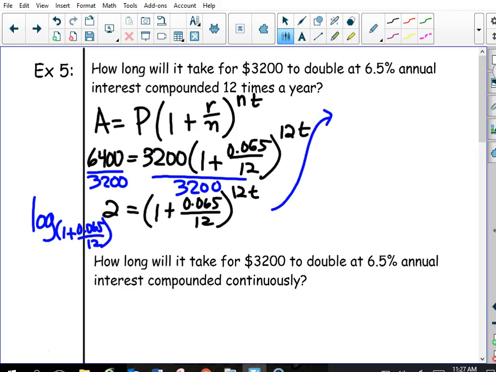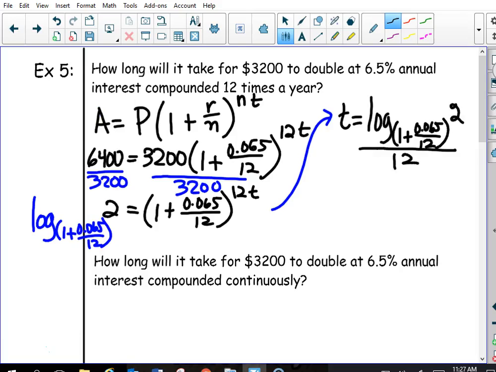So I'm going to divide by 12. I'm skipping a step. So I get t is equal to log base (1 plus 0.065 over 12) of 2, all divided by 12. So I'm going to enter that into the calculator.